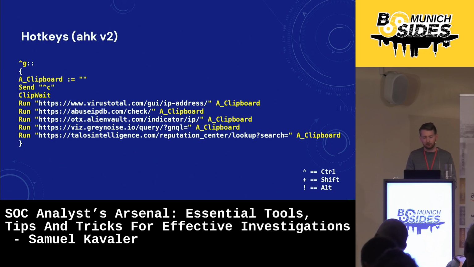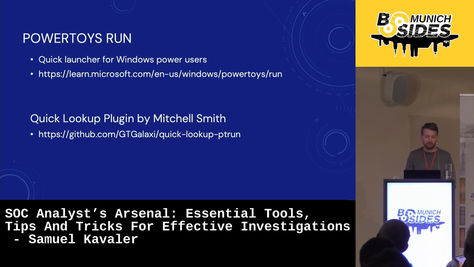Similar to AutoHotkey, there is a framework or tool called PowerToys Run, which is a quick launcher for Windows, and it supports custom plugins. I wanted to give a shout out to Mitchell Smith, who created a plugin that does very similar functionality to what I just showed you with the IP or hash lookups.